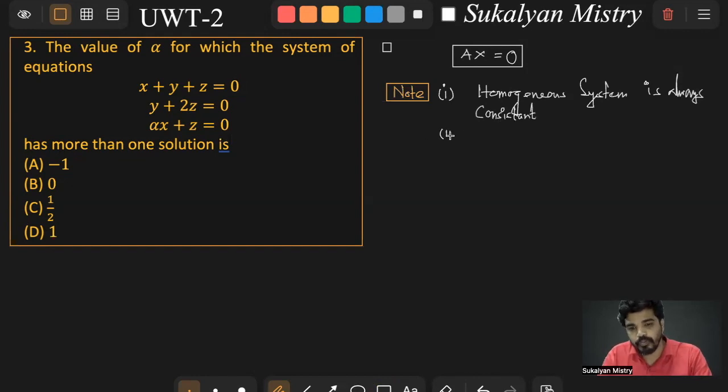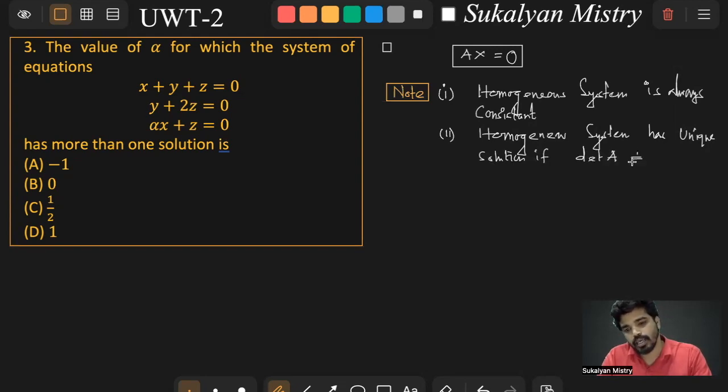Number 2, homogeneous system has unique solution if determinant of the coefficient matrix is not equal to 0.